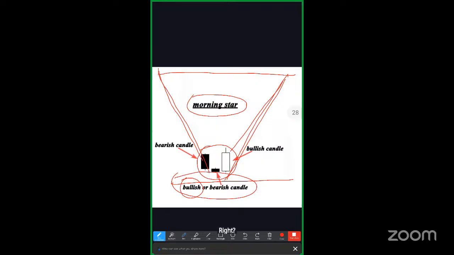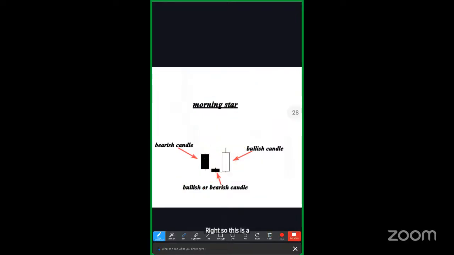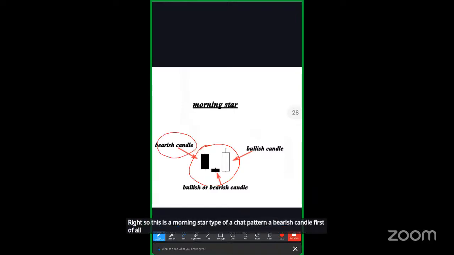So this is a morning star type of chart pattern: a bearish candle, first of all, that is full in terms of pressure, signifying that sellers are the ones currently in motion. When I say sellers are controlling price, it does not mean buyers are not there.